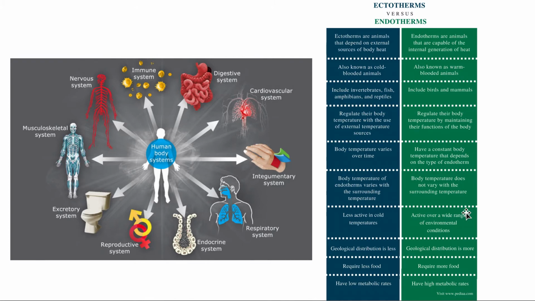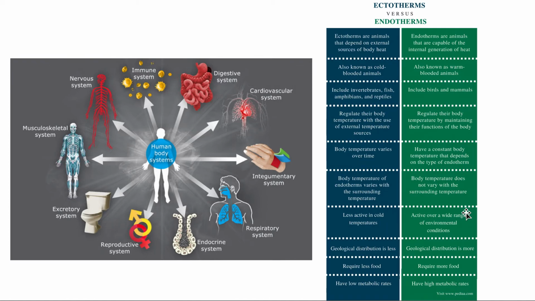Whereas endotherms generate their own heat, they eat more, and they have high metabolic rates. Only about 10% of the energy from what you eat is converted into usable energy. The other 90% is released as heat.